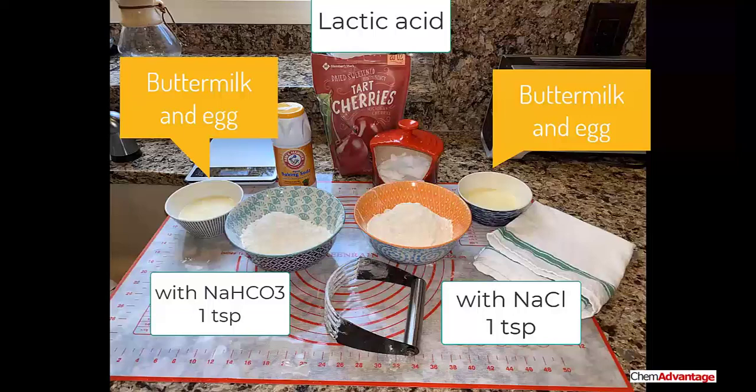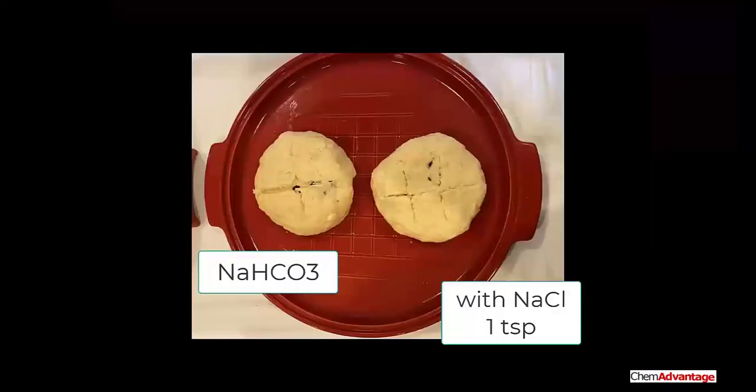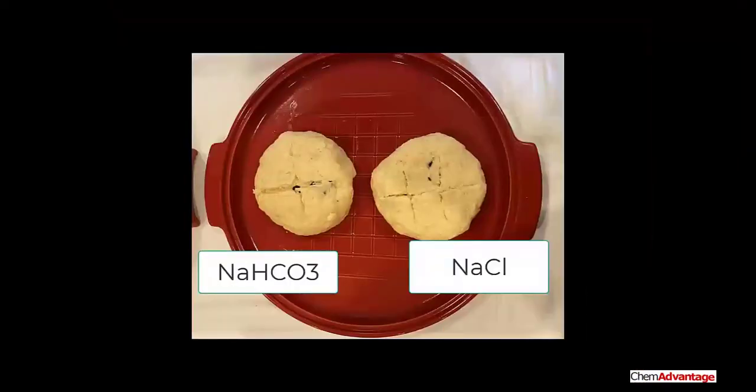And I've got the same type of buttermilk on both sides. The only difference between these two little biscuits that I'm going to be making, soda biscuits, is one's got baking soda and the other one's got salt. And I mixed them all up, did everything identical, and finally ended up getting my two little biscuits that you can end up seeing here.